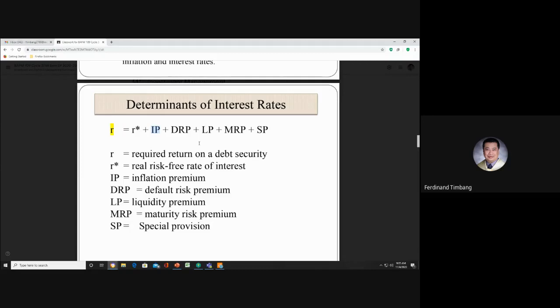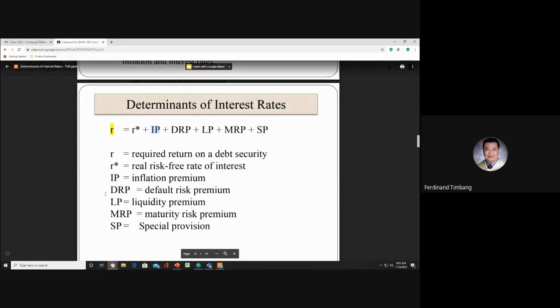Tapos yung default risk premium naman is the premium if, let's say, the issuer is not able to pay the obligation. And then the liquidity premium, parang katulad din siya ng DRP, no, yung not capable of paying the obligation.